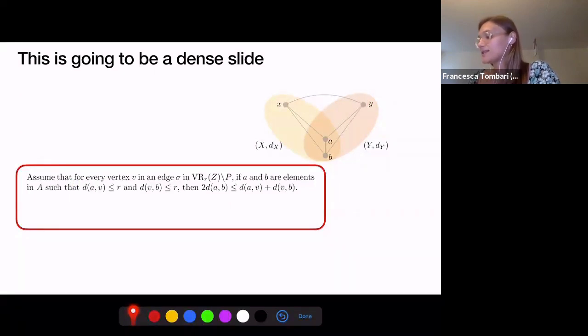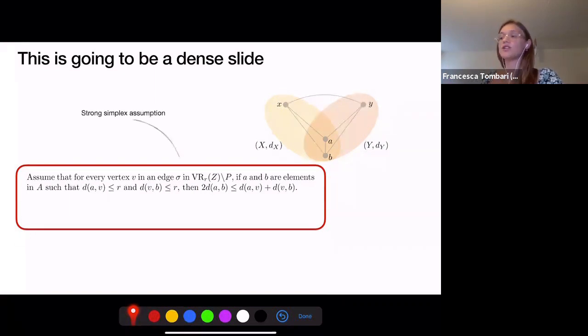If it happens that a and b are elements in the intersection such that AV and VB are simplices in the Vietoris-Rips complex, then twice their distance is required to be smaller or equal than the sum of the distance from A to V and V to B. So in other words, this is a little bit more than the triangular inequality, since this would be the triangular inequality without the two, but we are asking a little bit more.